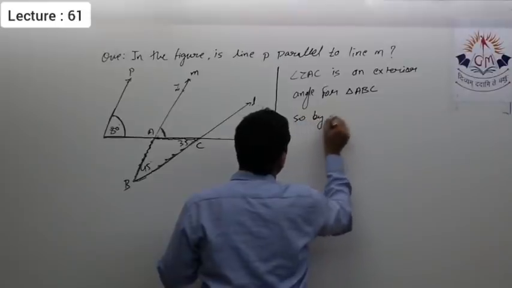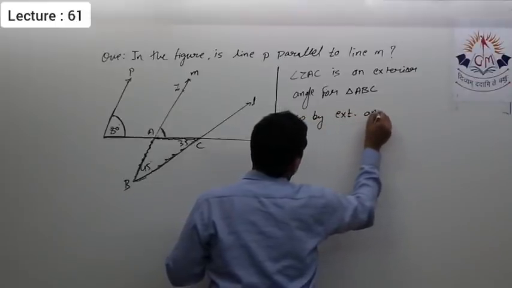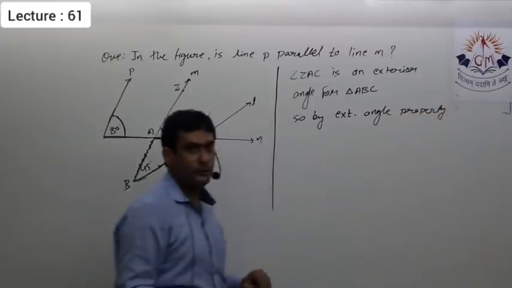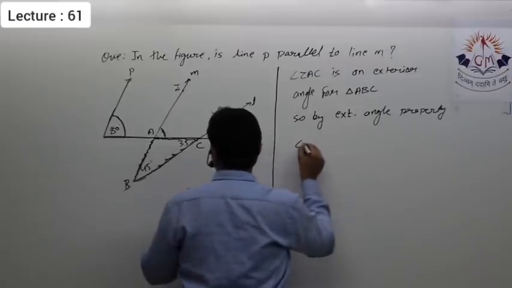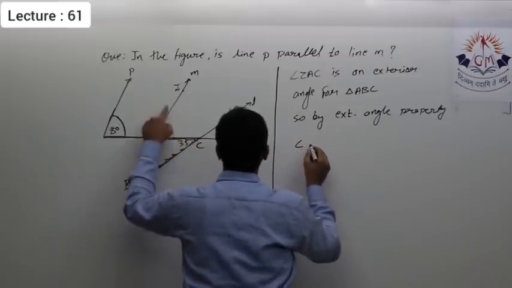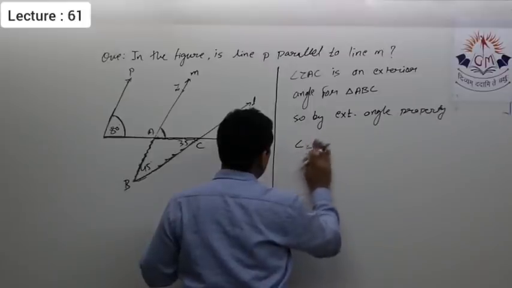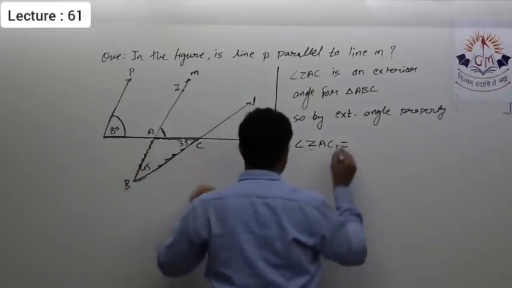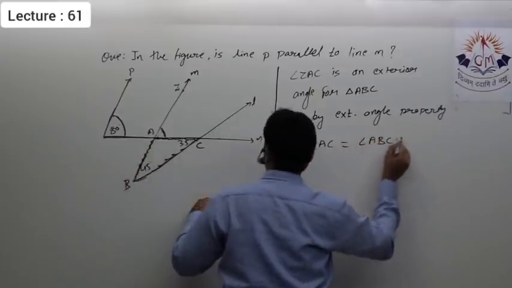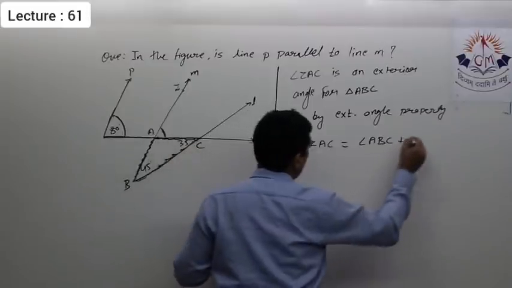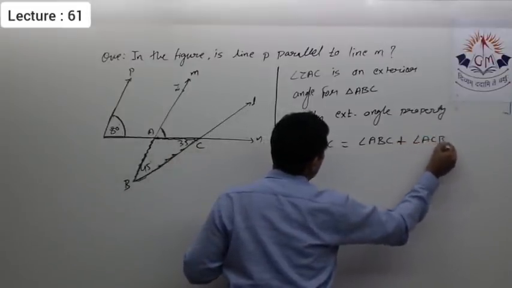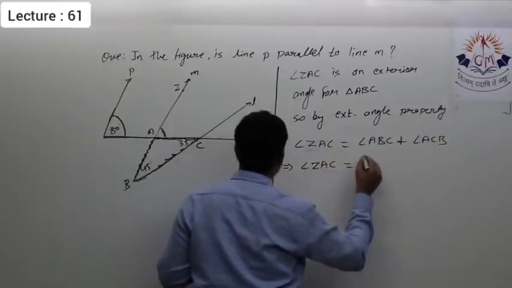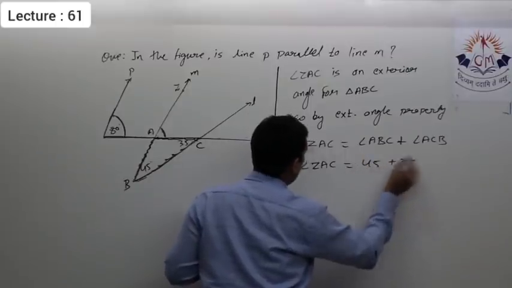So by the exterior angle property, angle ZAC is equal to angle ABC plus angle ACB. Therefore angle ZAC is equal to 45 plus 35.